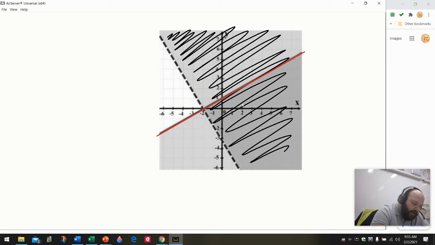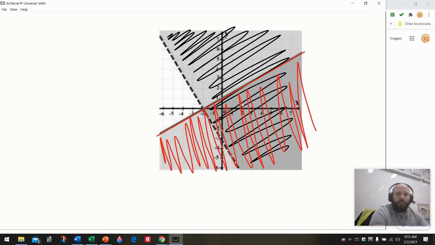And then that graph is shaded over here. And what we end up with is a region where the shading overlaps. The black shading is overlapping the red shading, which is all this area right here that you see me making blue.